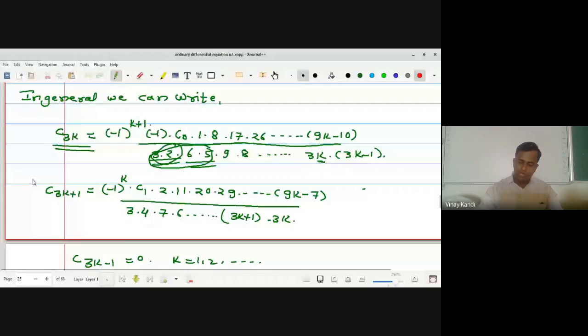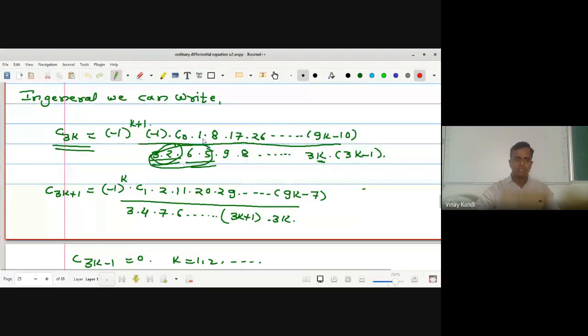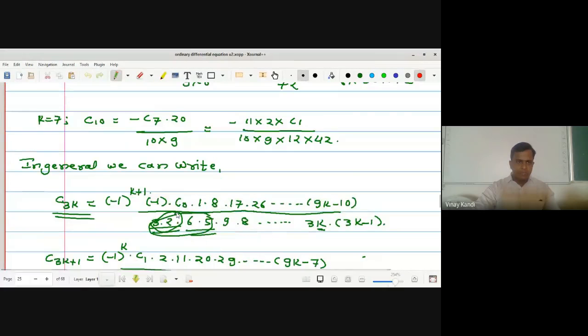In the previous lecture, we saw one example. Is the screen visible to all? Yes, sir. Okay, now look here. In the last example, we wrote that C3k is equal to minus 1 raised to k plus 1 into minus 1 into C naught, 1, 8, 17, 26.